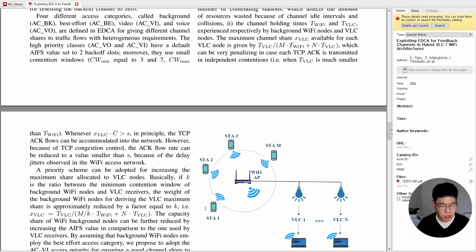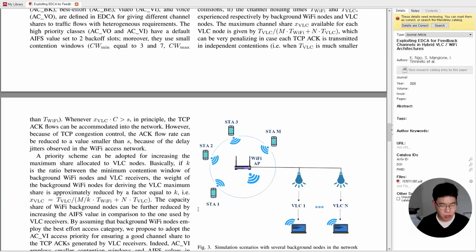The capacity share of Wi-Fi background nodes can be further reduced by increasing the AIFS value in comparison to the one used by VLC receivers. By assuming that the background Wi-Fi nodes employ the best effort access category, we propose to adopt the AC_VI access priority for ensuring a good channel share to the TCP ACKs generated by VLC receivers.